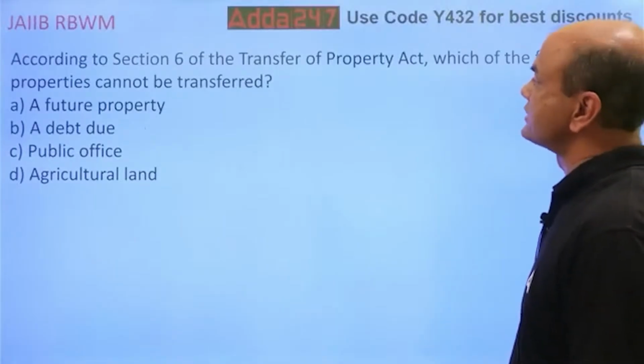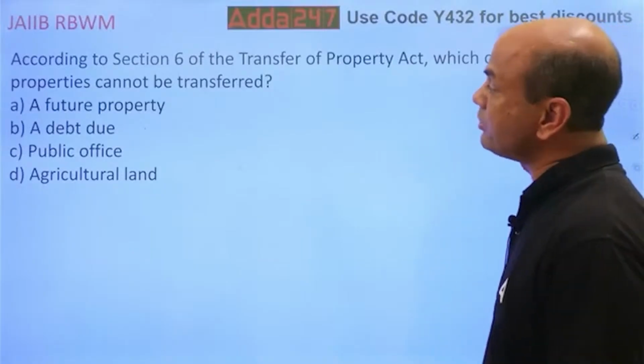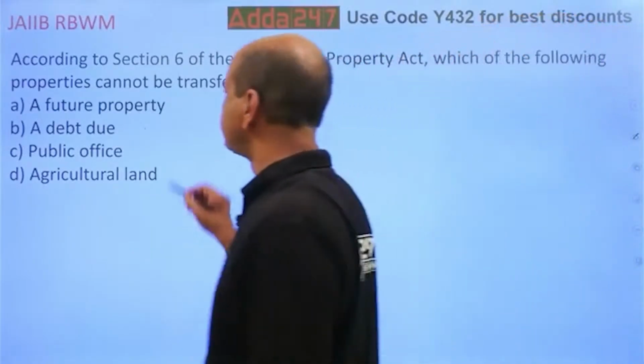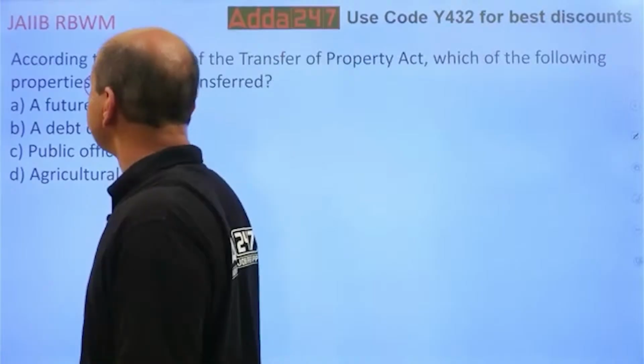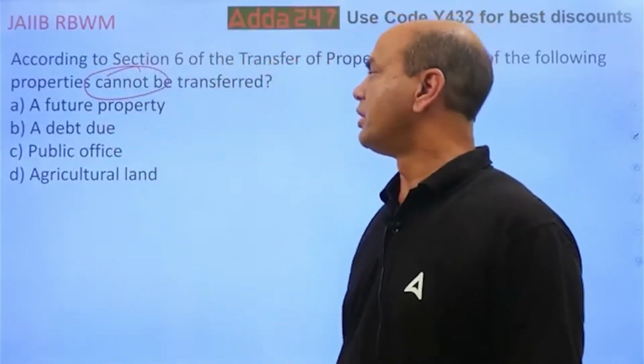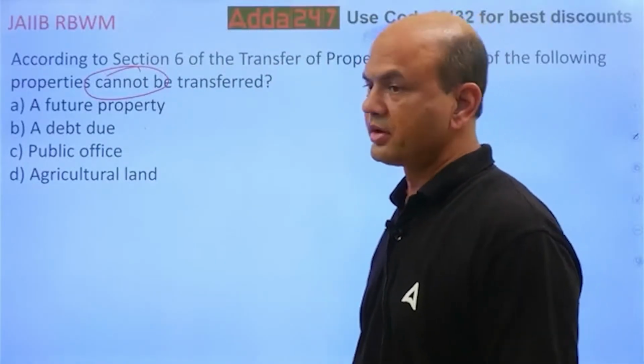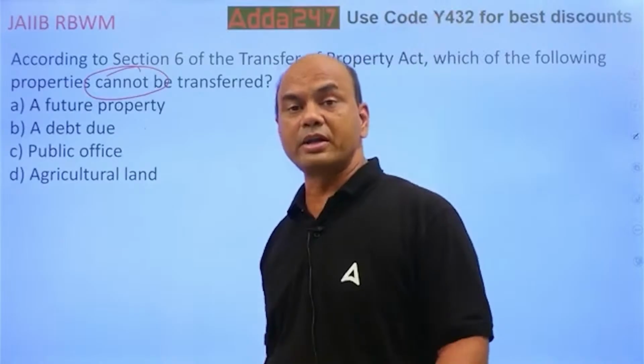According to section 6 of Transfer of Property Act, which of the following properties cannot be transferred? Cannot. A future property, a debt due, a public office, and agricultural land. Which of the property cannot be transferred?